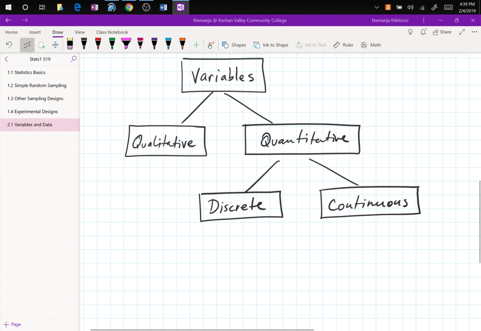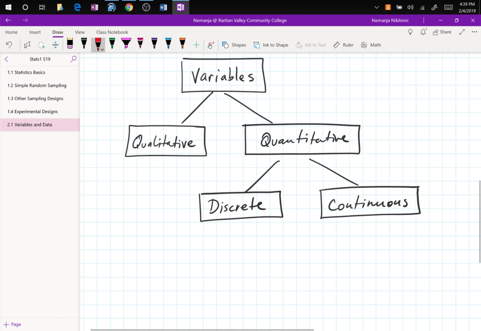Because that is a collection of objects that I grouped together, and I gave values to the variable. So if I observe 30 red chairs and then 10 blue chairs and then 1 green chair, that's now becoming data.